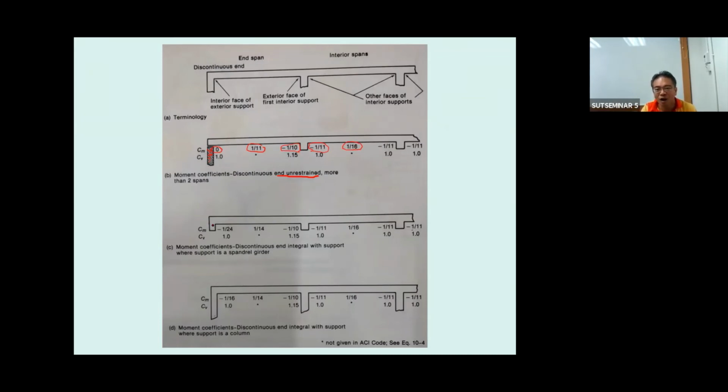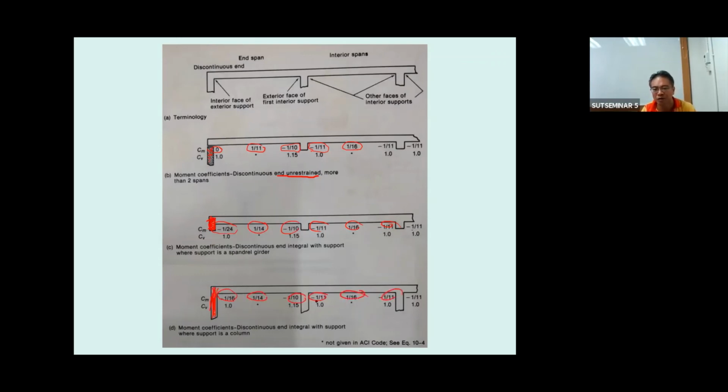If your beam is connected to a bigger beam like this, the C sub M here is -1/24, and the redistribution of the coefficient is going to be something like this. And if it is connected to the column, you can see the coefficient changes to a different value.